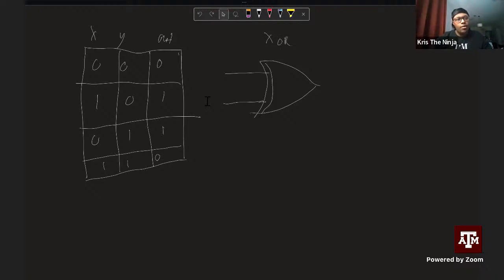Then you have your NAND. NAND is the inverse of an AND gate. So if you were to take an AND, let me see if I can do this.